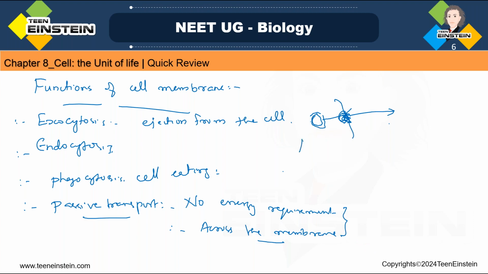Then what is active transport? Another function is active transport. It means the cell membrane is actively participating in that movement. The substance is moving against the concentration gradient. It's not from the higher concentration to lower concentration; wherever the substance is required, it moves like that, so it may be against the concentration gradient.